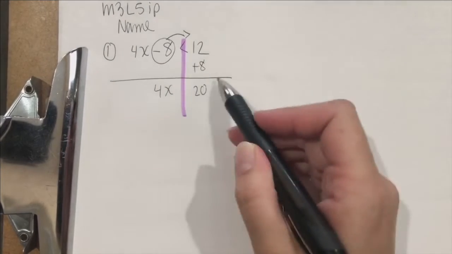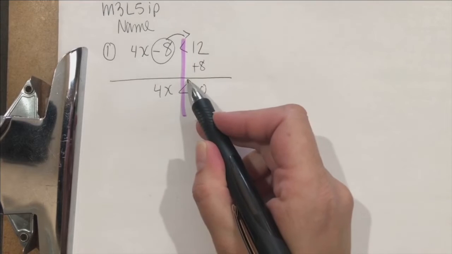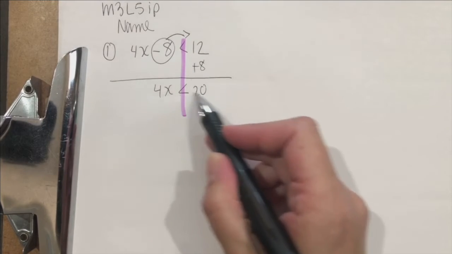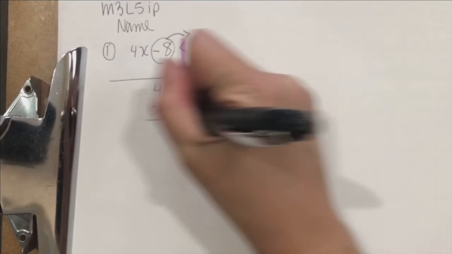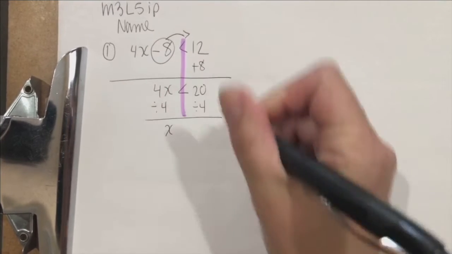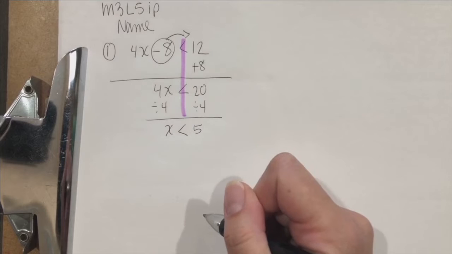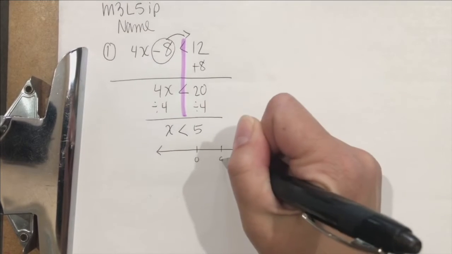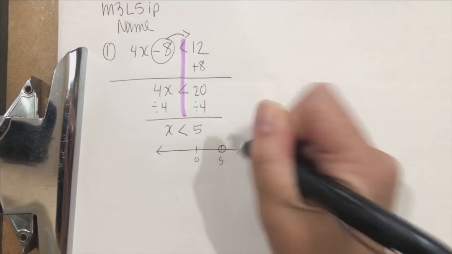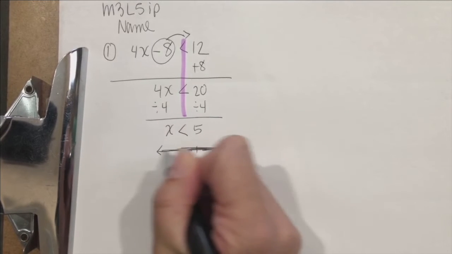No negative funny business going on, so we keep the sign going the same way. 4x and 20, we divided into groups of 4. And so we had x is less than 5. And now we graph that. 0, 5. We do not include the 5, so it's an open circle, and then we shade less than 5.